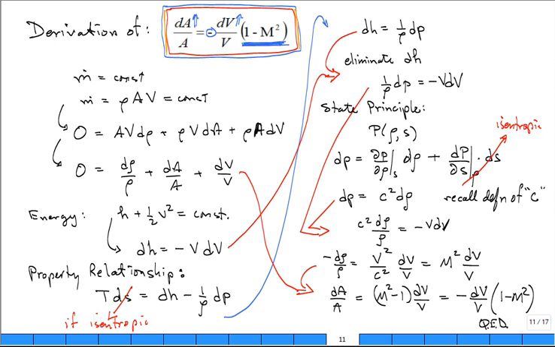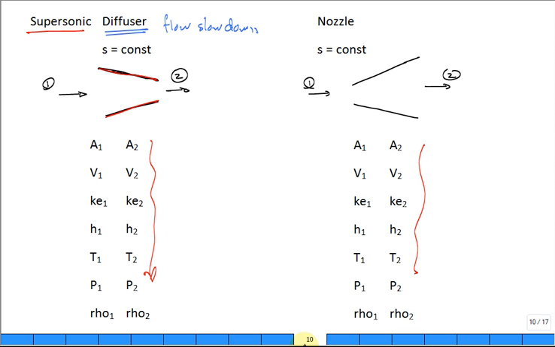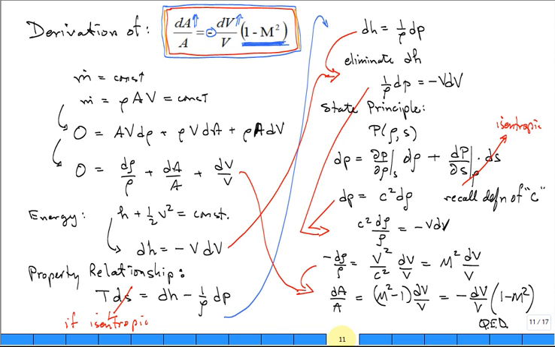So if it's supersonic, and you're flowing into a region of increasing area, the speed goes up. It's a nozzle. It accelerates the flow. It's completely contradictory to your first sense, right? But that's the truth. So where does this equation come from now that we see how useful it is?